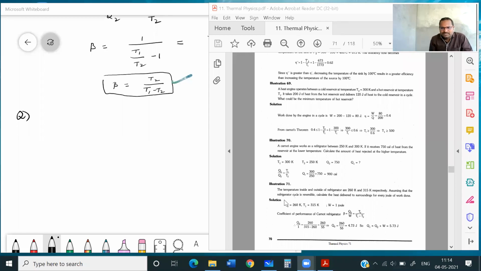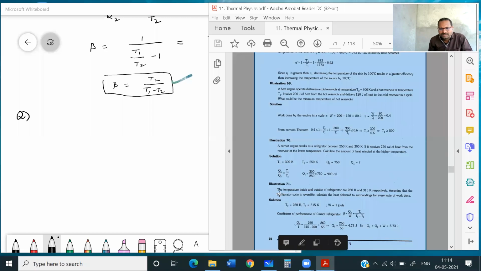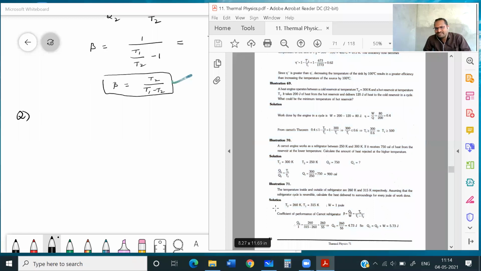The temperature inside and outside the refrigerator are 260 Kelvin and 315 Kelvin respectively. Assuming that the refrigerator cycle is reversible, calculate the heat delivered to the surrounding for every joule of work done. What we need to find is the heat energy delivered to the surrounding, to the source. How much heat energy a refrigerator will deliver, that we need to find.